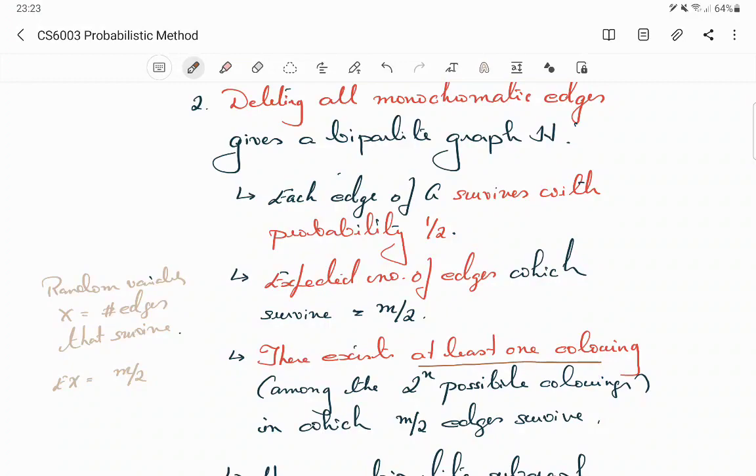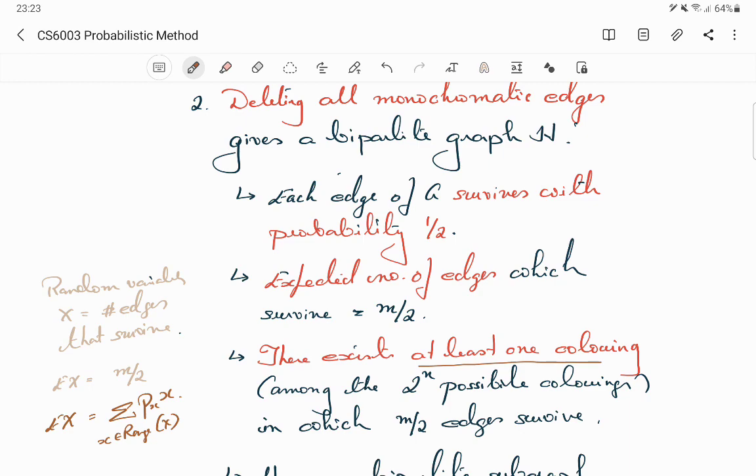So think about what an average is. Expectation is in some sense an average, just that it's a weighted average depending on the probability of each value of X. It is the sum over X in the range of X of probability of X times X. But weighted or not, if the average of certain quantities is some mu, then surely in the range there exists at least one value which is greater than or equal to the average.